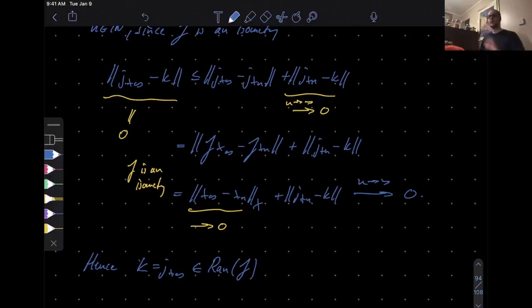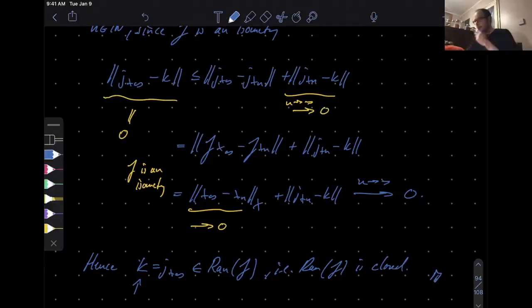Because that's the strategy: take a sequence which is convergent in the range and then show that the limit, which is this k, is also in there. So the range of J is closed. Okay, that is that.